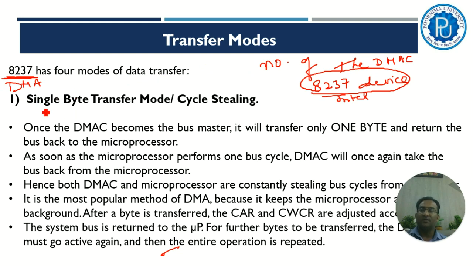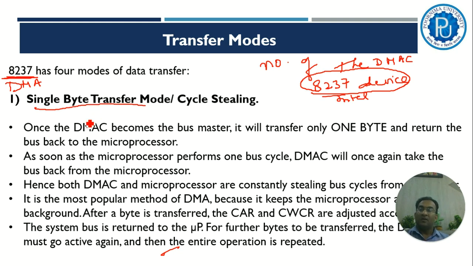The first is called single byte transfer mode, or cycle stealing. As the name suggests, we are going to transfer a single byte in this transfer mode. Cycle stealing means that every time we steal the data bus from the microprocessor for this transfer.